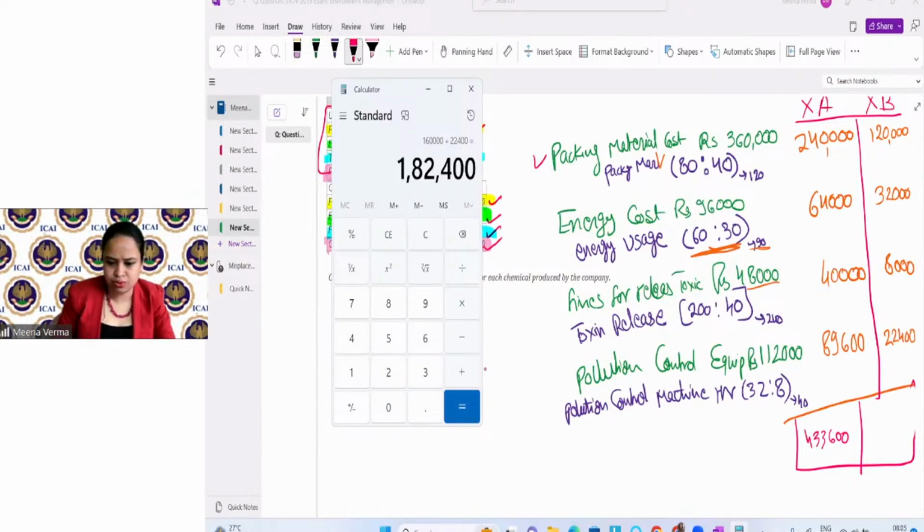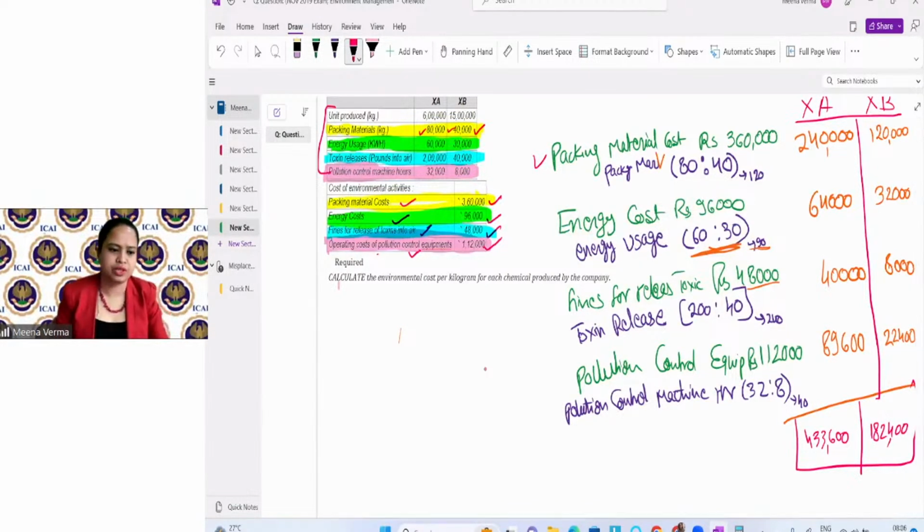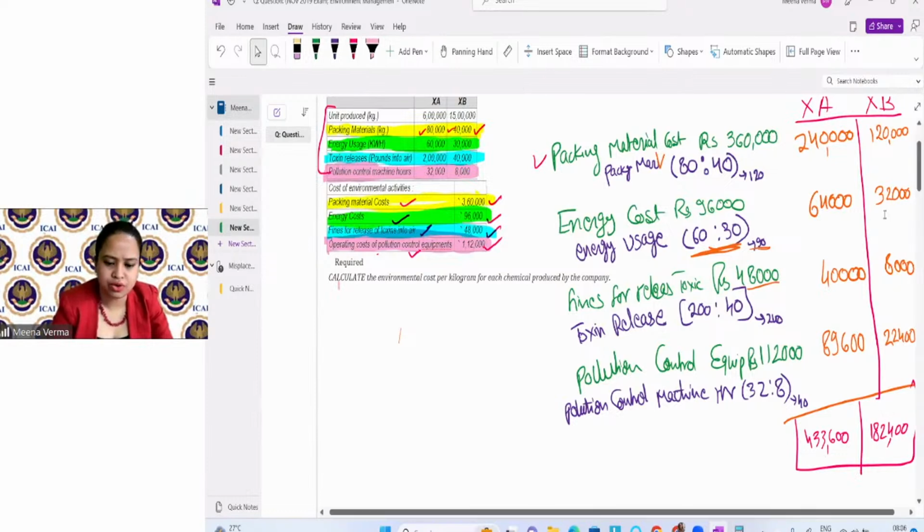One eight two 400. So this will be the cost here. So in this way, we will find the cost. Now tell me, do you have any doubt here?